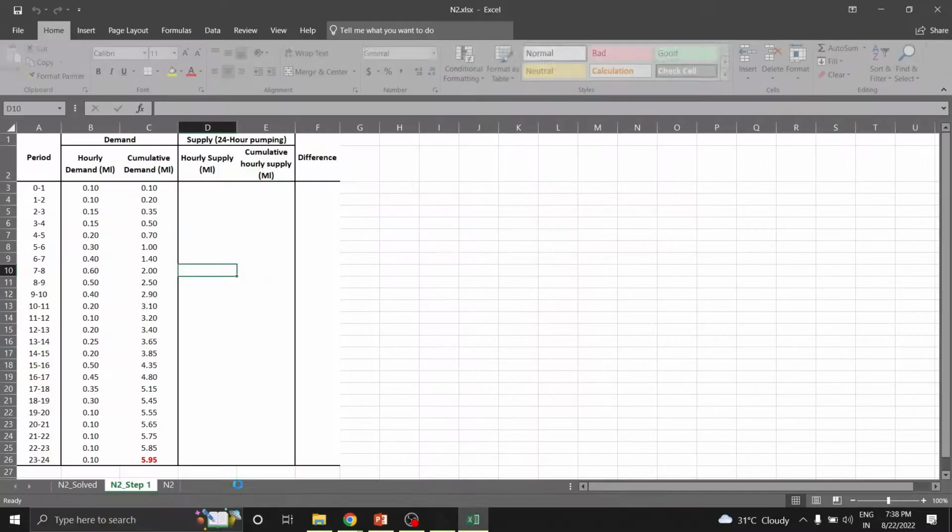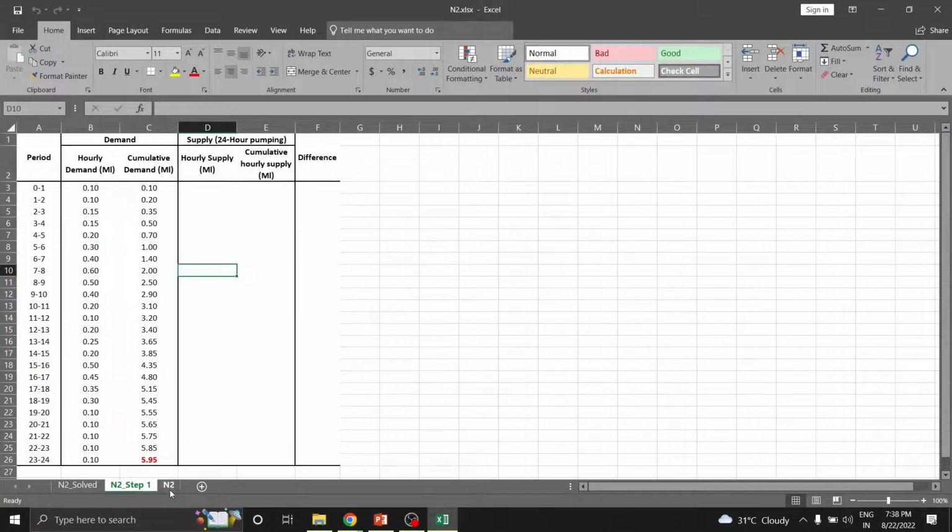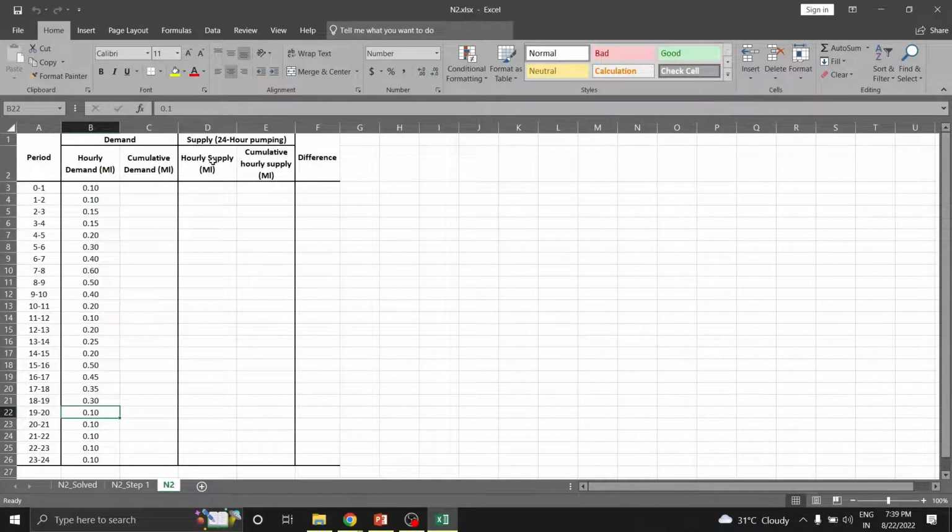Let's work it out on Excel. So this is the value that we've been given, right? The first value will be the same. Second, we add this plus this, right?